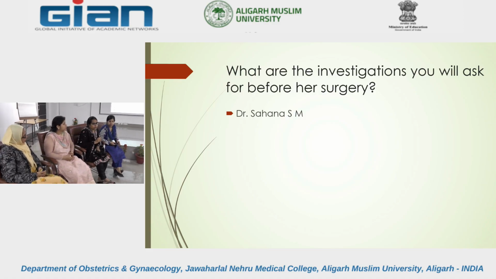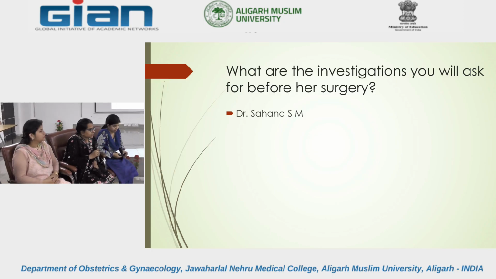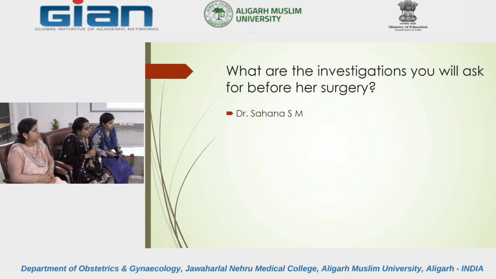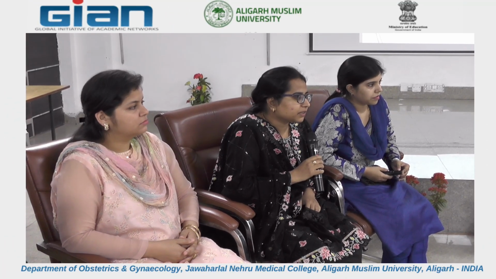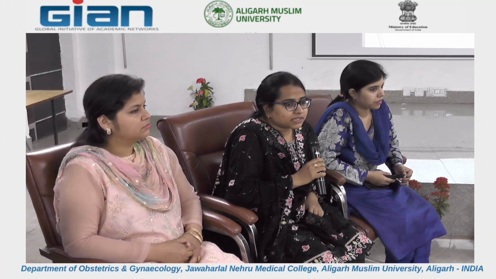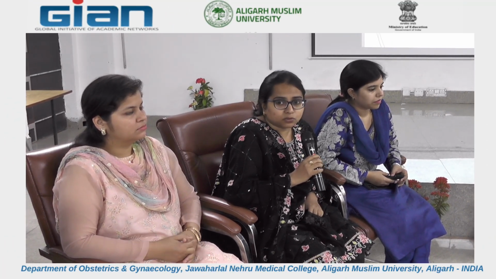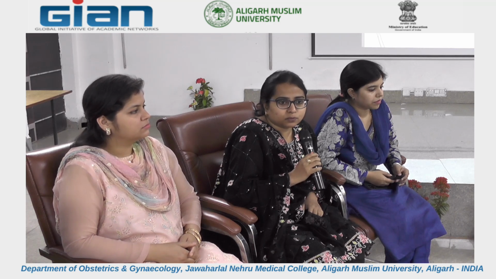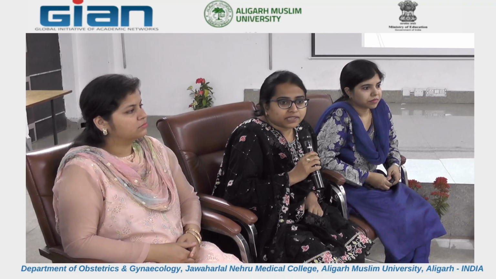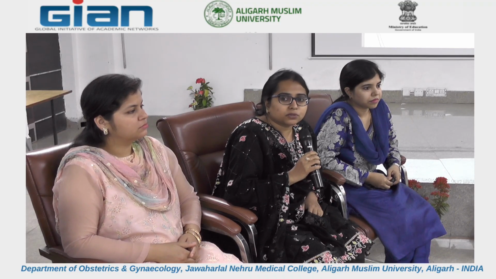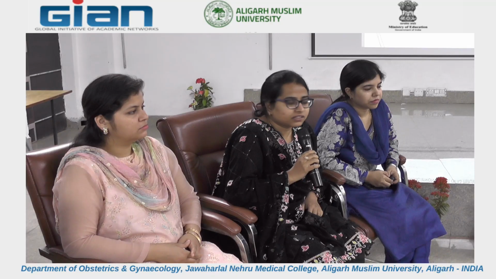Ma'am, before her surgery, I would like to identify all her comorbidities. After identification, we need to control her if she has systemic hypertension or diabetes. It should be well controlled. Basic blood tests like complete blood count, hemoglobin to know her anemia status, blood grouping and cross-matching, in case we are planning larger VVF repairs through abdominal approach.